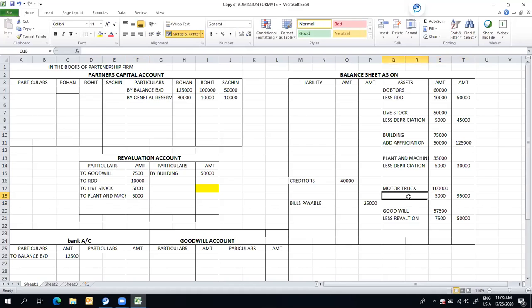Less depreciation. And the second effect, debit side to motor truck, 5,000.